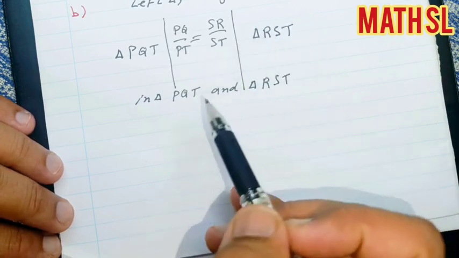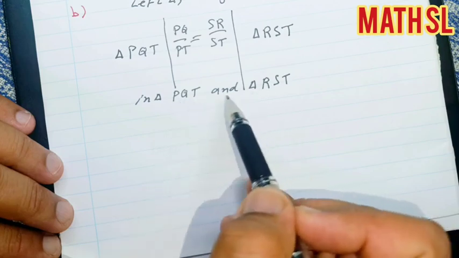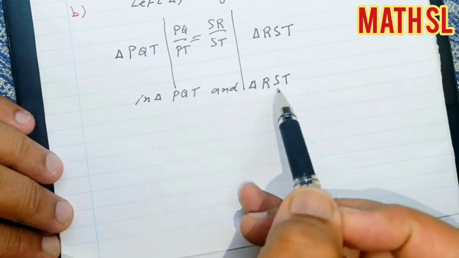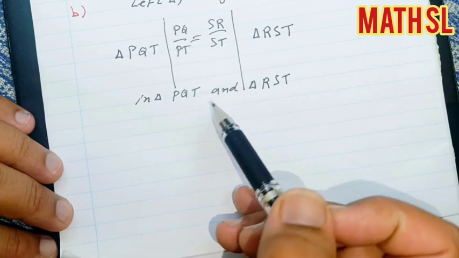We have to see in the sketch whether P goes with R or Q goes with S. Sometimes it's going to be different.